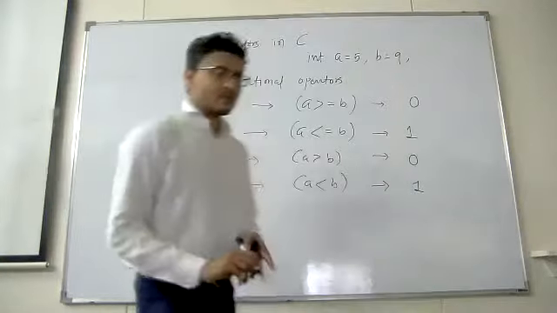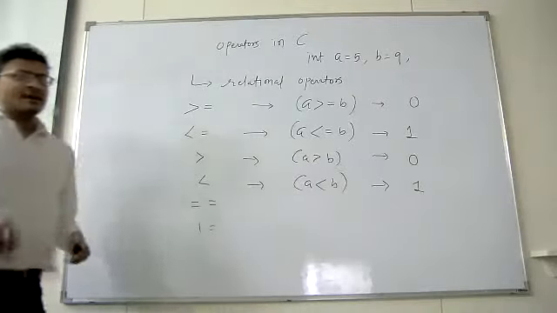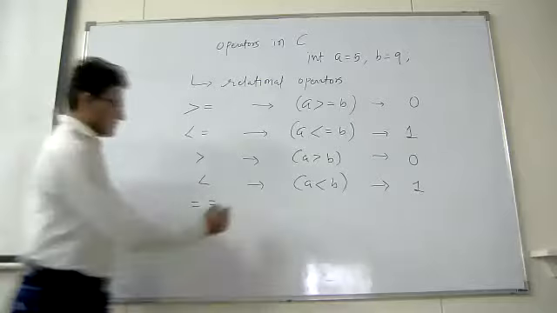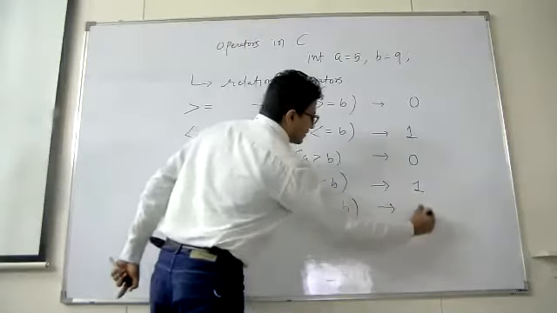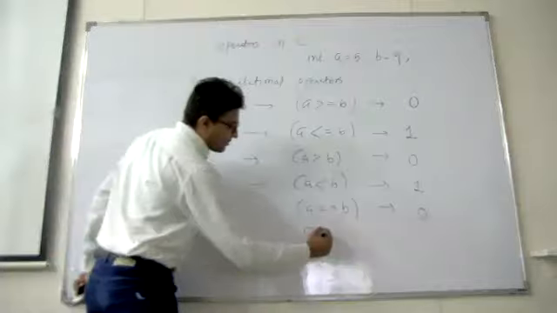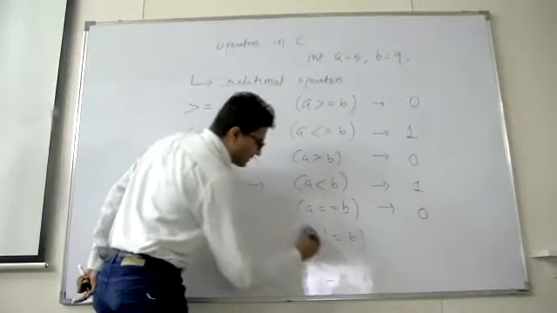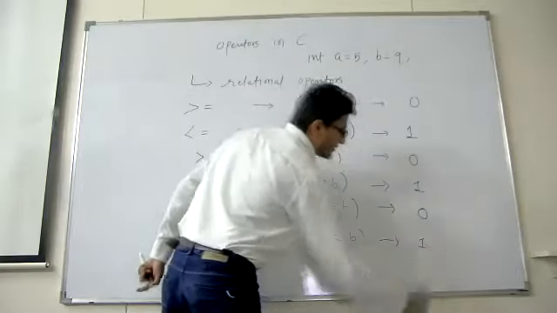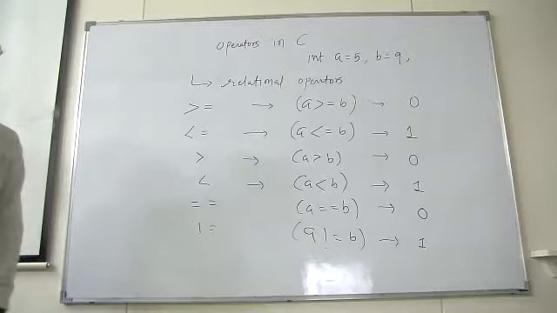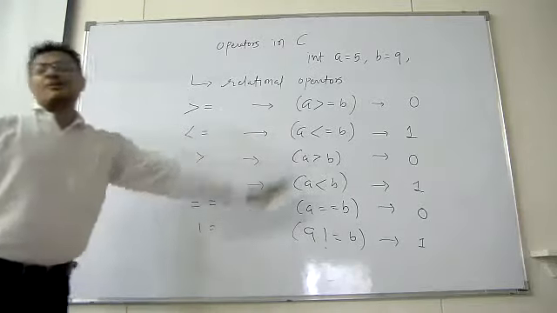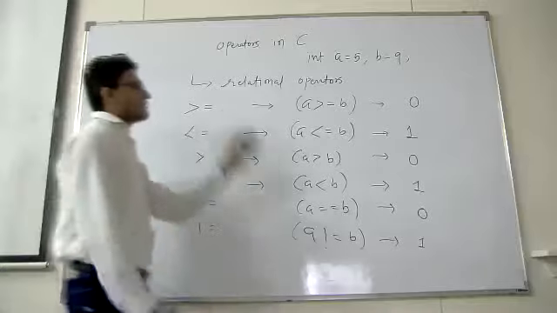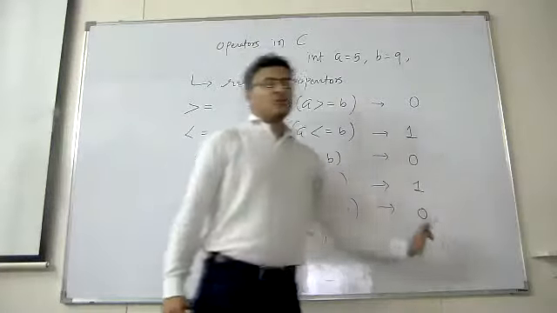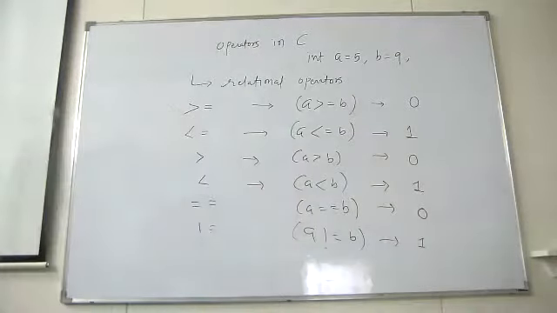Here a equal to b: condition false, so the answer is 0. Here a not equal to b: condition true, so the answer is 1. So that is relational operators, and the answer is only true or false, nothing else.